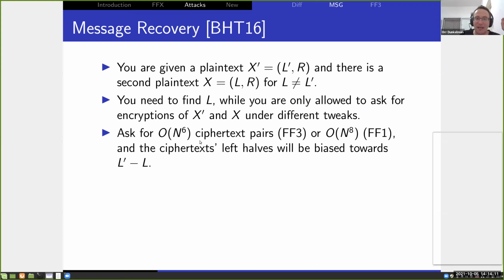So for FF3, I need order n to the power of 6. In the case of FF1, I need order n to the power of 8 to identify whether the bias exists. And once the bias exists, I know exactly what is the value of L minus L prime or L prime minus L, which, if I know L prime, allows me to get L. So this is a weird message recovery attack, but it works.